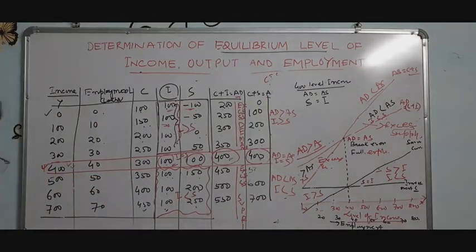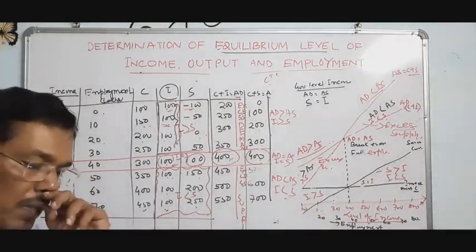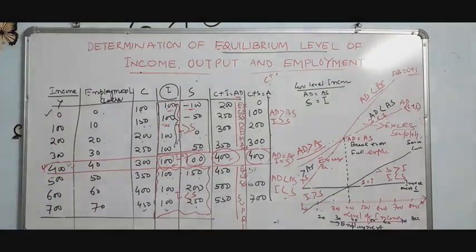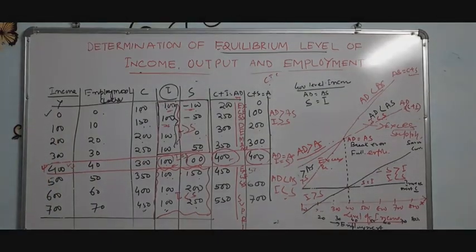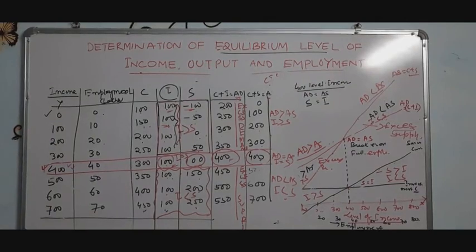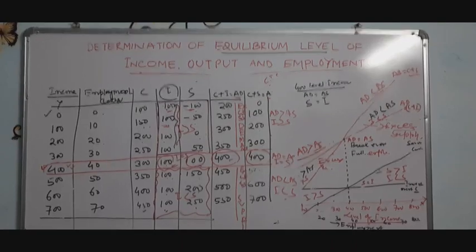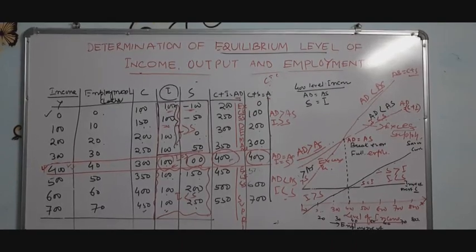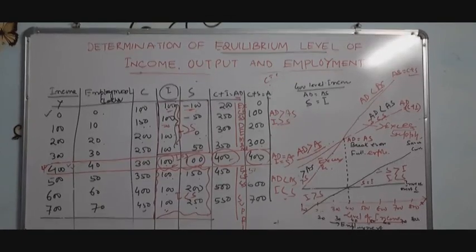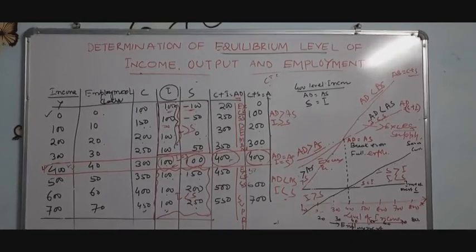So today's analysis: aggregate demand, aggregate supply, and the full employment situation where aggregate demand equal to aggregate supply and saving equal to investment, or investment equal to saving. Below this, when AD is more than AS, that is called excess demand, and above this break-even point or the full employment situation, aggregate supply is more than aggregate demand, or AD is less than aggregate supply.